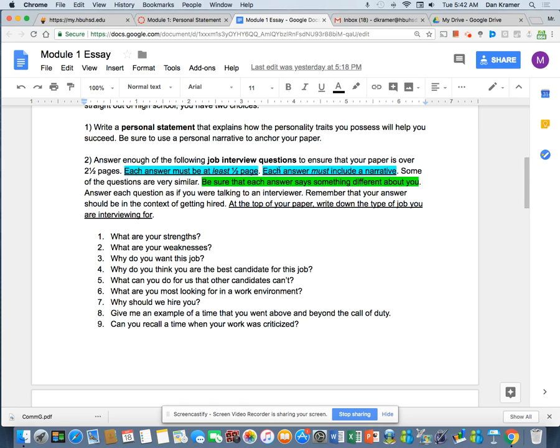And the reason for that, each answer needs to include a narrative. The more specific you can be with an answer, the better. And the way that you be specific is to give an example. So if it says, what are your strengths? Give an example. Don't just say my strength is, I get along with people.